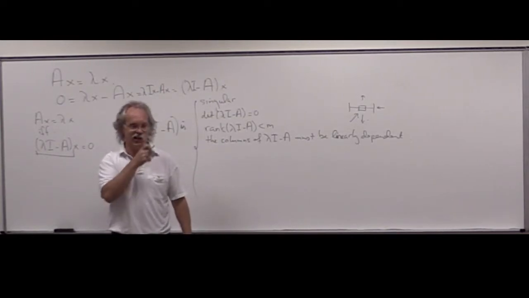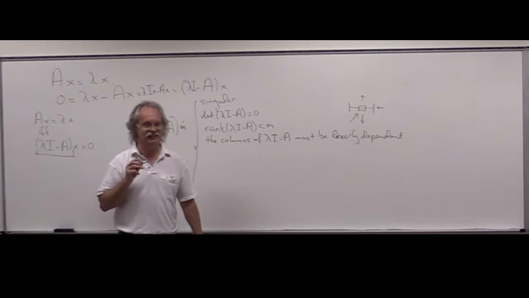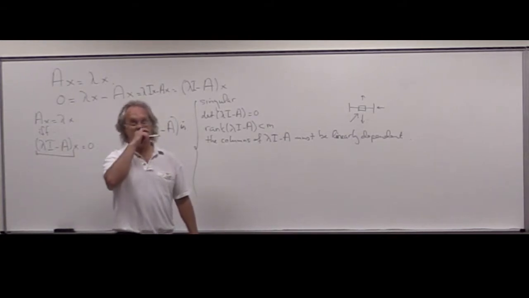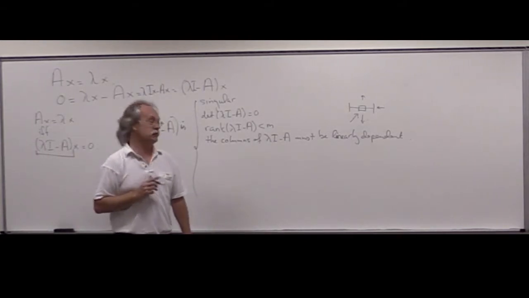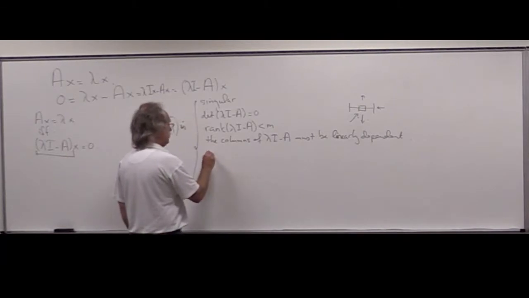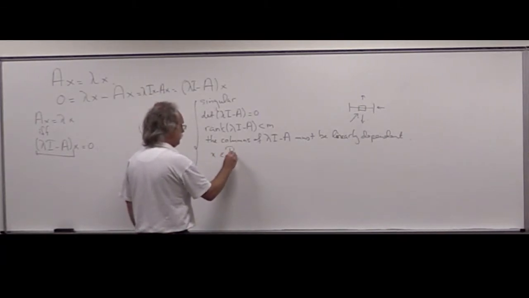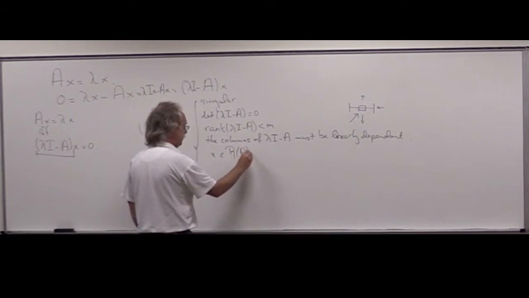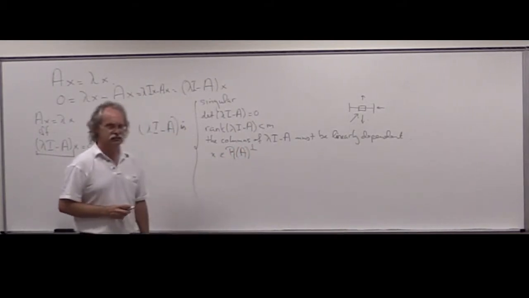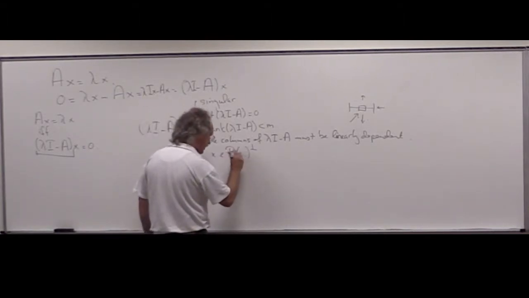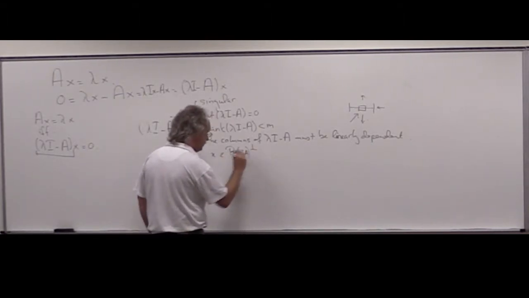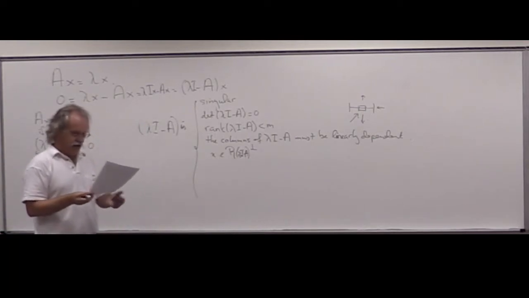All of the rows must be perpendicular to x. So what you're really saying is x is in the null space, perpendicular to the rows of lambda I minus A, not of A. Yeah, that's another one.